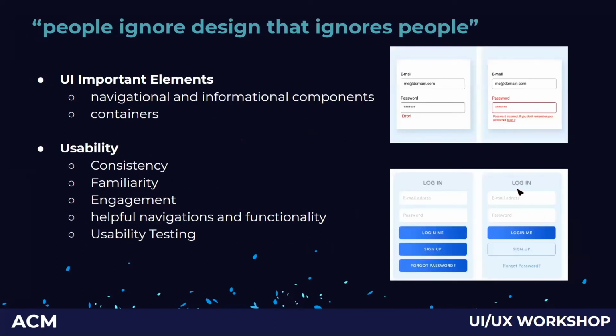Okay, now we talk about fonts, text, colors, layout. Now we should talk about how you should think about the important elements of UI. When you're creating your design, ignore designs that ignore users, that's what it says there, or people.